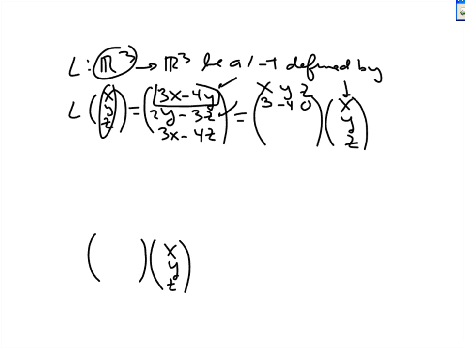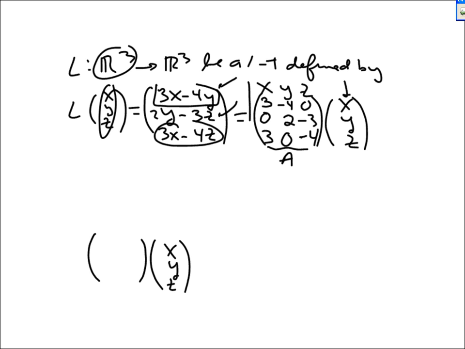The second row has no x's, positive 2 y's, minus 3 z's. The third row has 3 x's, no y's, and negative 4 z's. That is your matrix A.